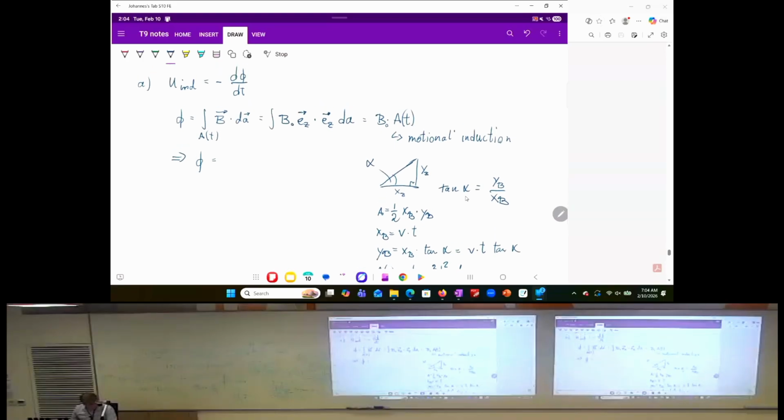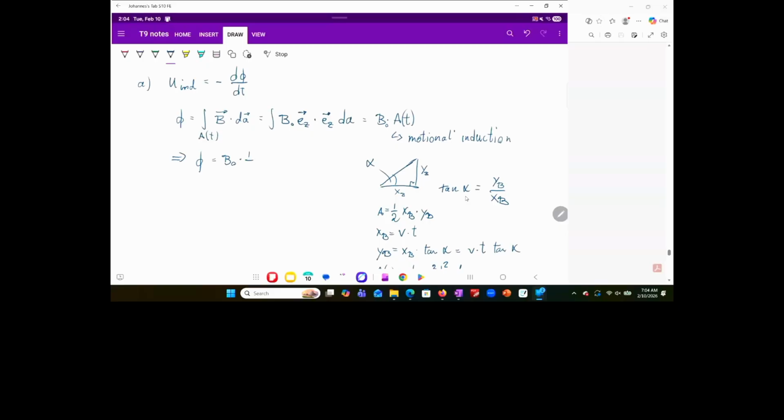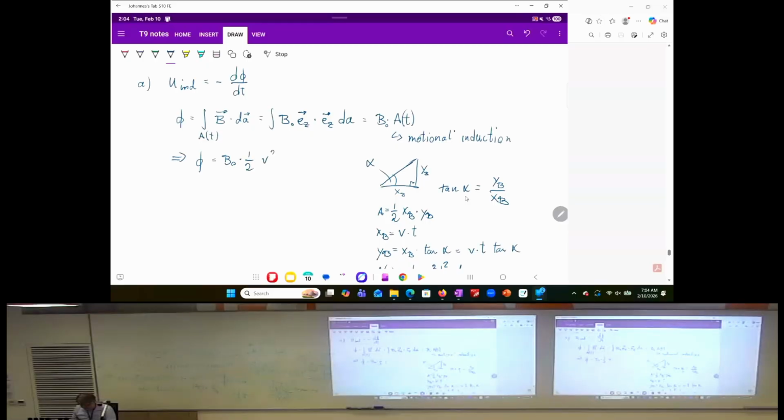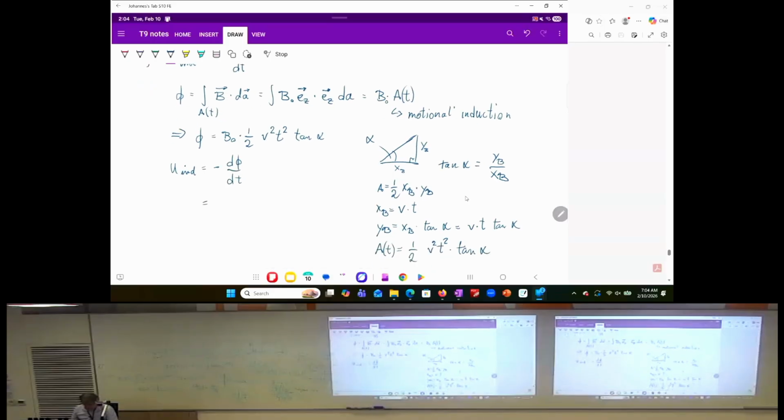Then your phi is B naught times 1/2 v squared t squared tangent alpha. And your induced voltage is obtained by taking minus the time derivative of the flux, just plugging in the flux as we obtained in the line above.